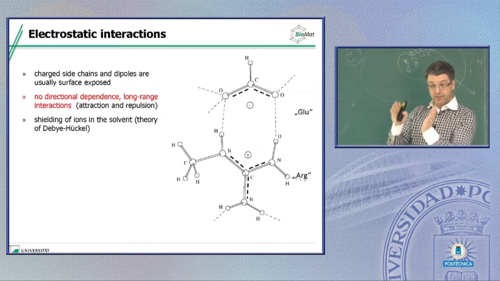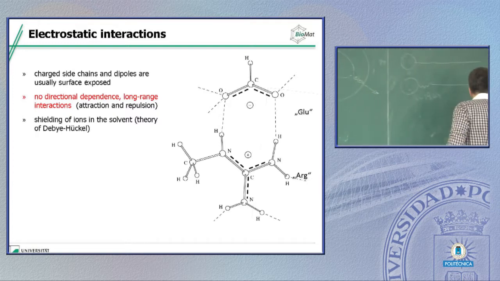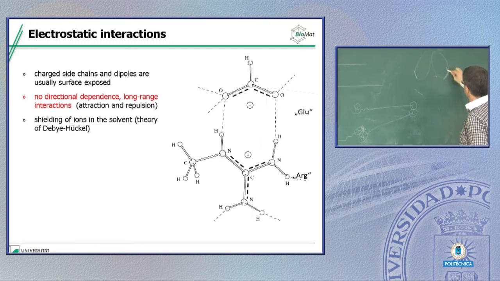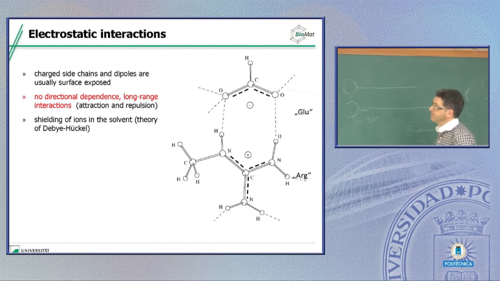In terms of the silk protein, that's also the case. If you remember the structure, these were these two helices, and the salt bridges were located here. So they are typically on the surface of a structure.